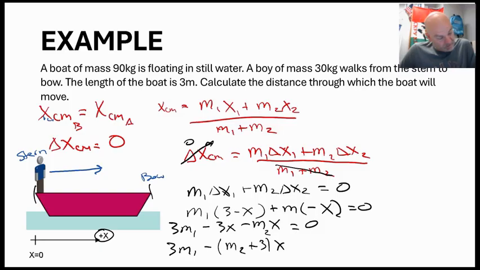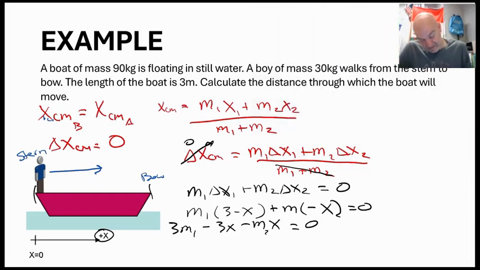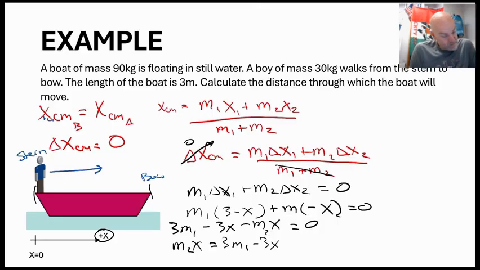I seem to have kind of butchered this a little bit. Let's bring the m1x over, or m2x. We get 3m1 minus 3x. And now I bring the plus 3x over, so I get m2 plus 3.